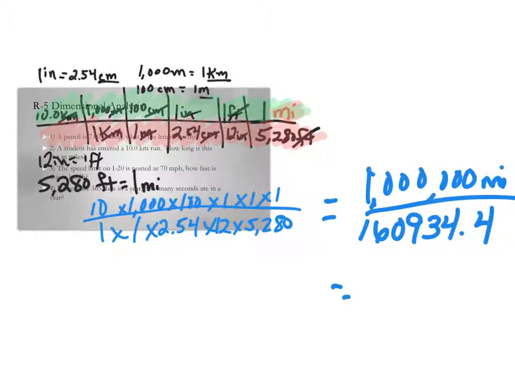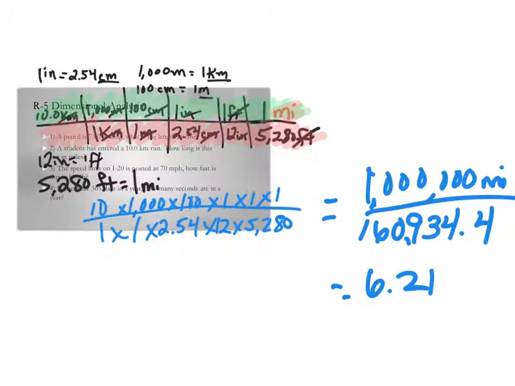And when you take 1,000,000 and divide it by that 160,934.4, you get 6.21 yada yada yada miles.